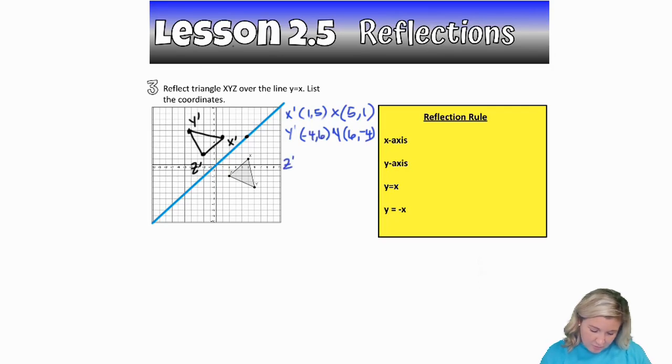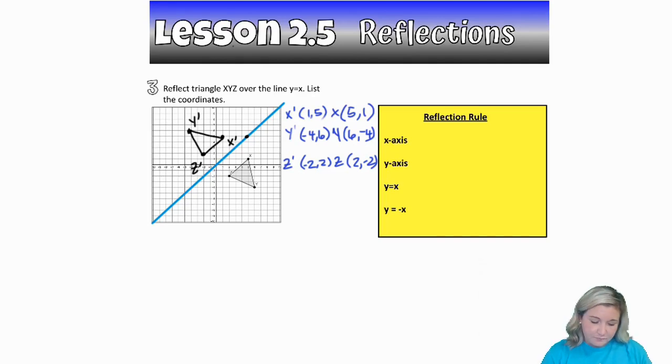And then z prime is at negative 2, 2. And regular z is at 2, negative 2. So hopefully you can see the pattern here that all we did was flip the x and the y. So when you are plotting these and you're going to reflect over the line y equals x, all you do is flip those two coordinates. So it becomes basically y, x.